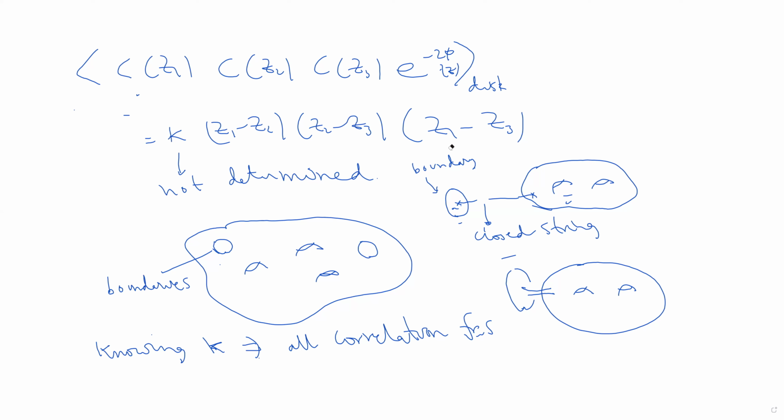And you know that the correlation function has to fall off as 1 over z to the 4 as z goes to infinity because B has dimension 2. Using that, you can fix this in terms of 3 C's and it will be minus 2π. But this normalization we have not fixed. And the reason is probably because we used this holomorphicity trick.